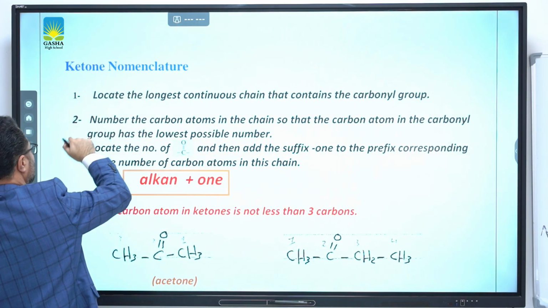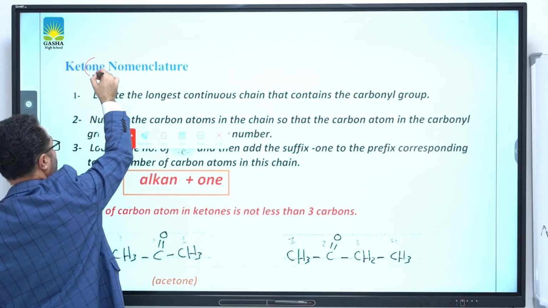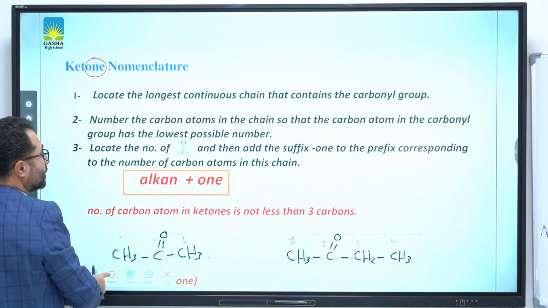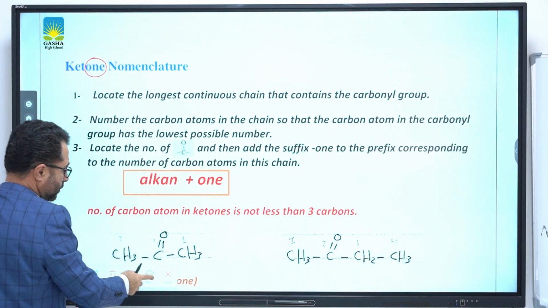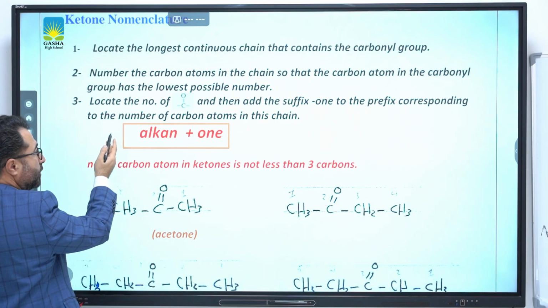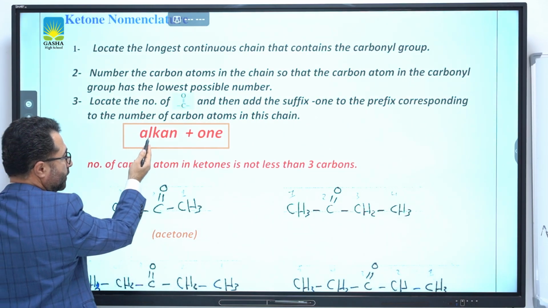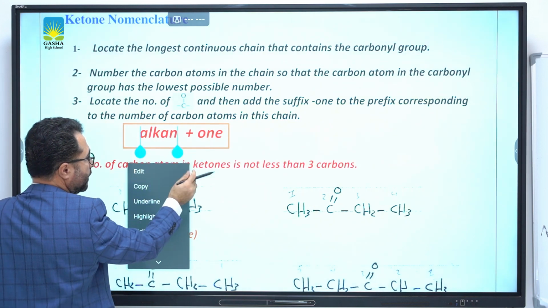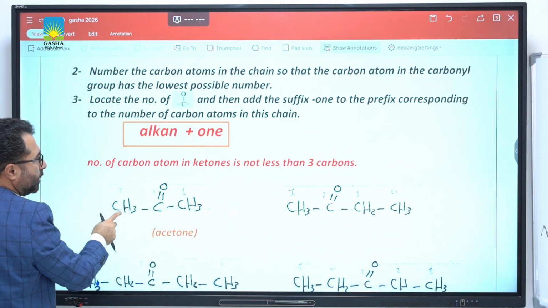In ketones you add "one" to the alkane, but in aldehydes, write "al". Here, you write the location of CO, then the name of the parent according to the number of carbons, and then "one".